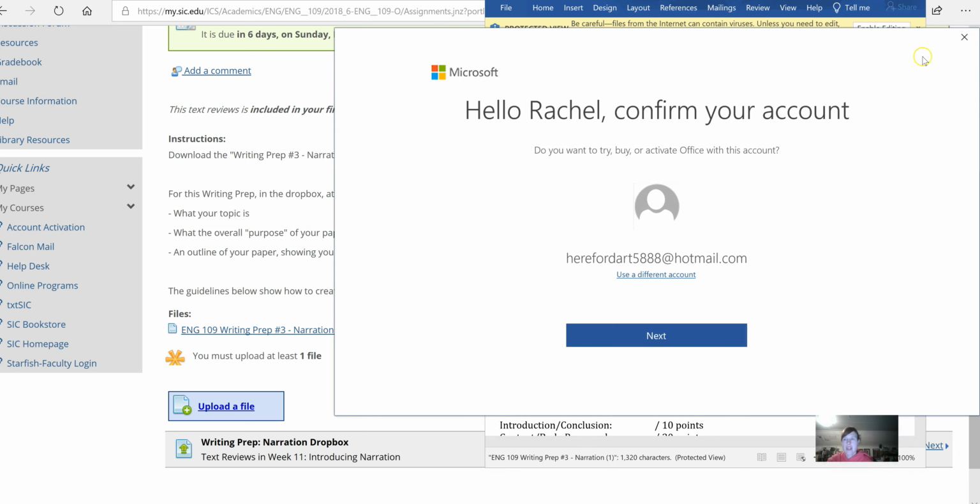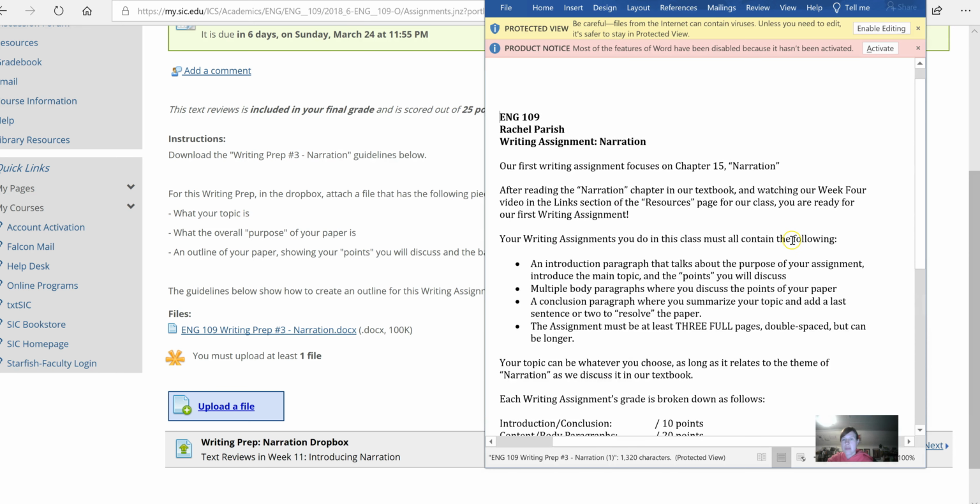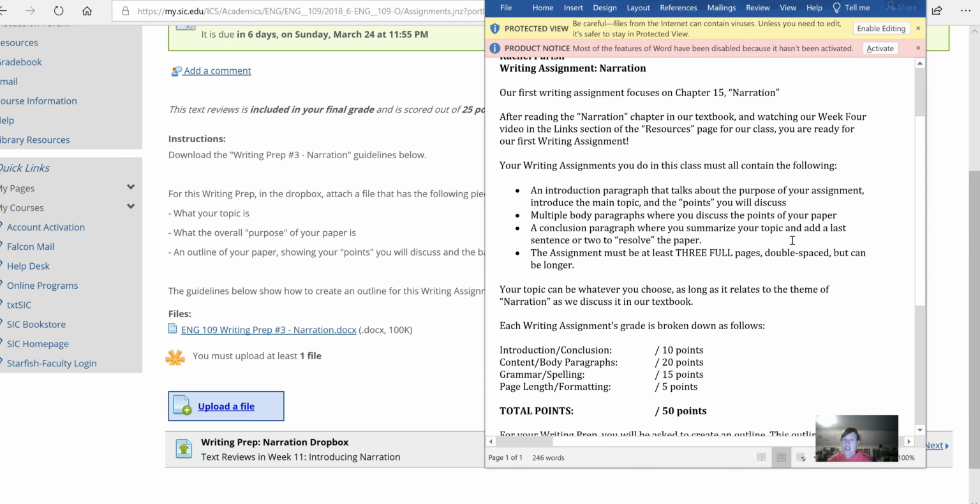So, as you can see in the writing prep here, we talk about narration. So narration is telling your own story or about a story that's happened to a friend or family or community member. Your writing prep does need to have an introduction paragraph, multiple body paragraphs where you discuss the points of your paper, and a conclusion, and must be 3 pages long.